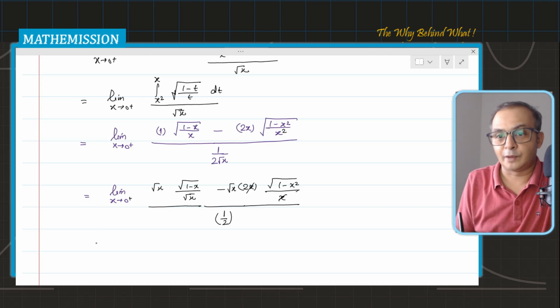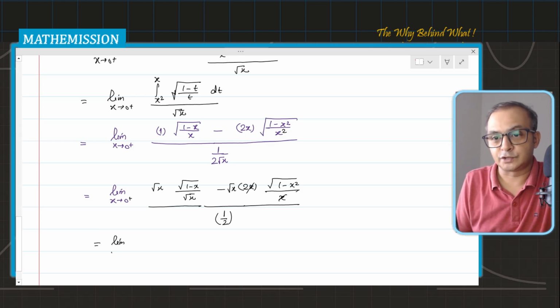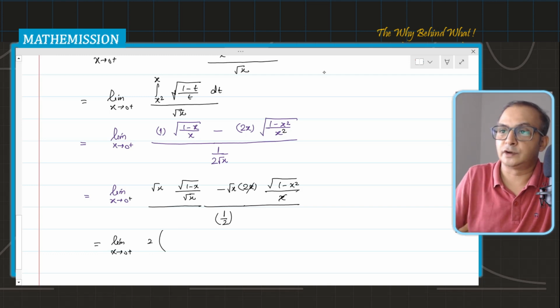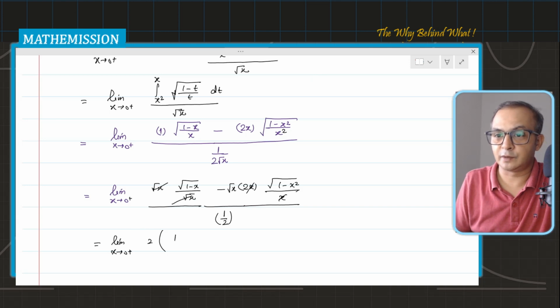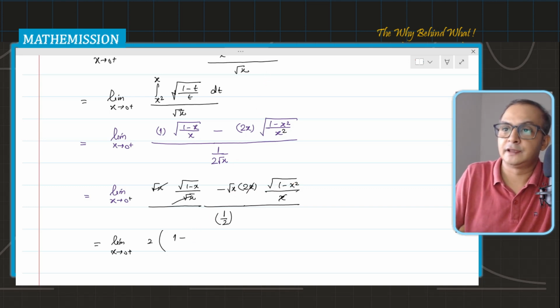So now I'm left with limit x tends to 0 plus, this 2 will go there. This is already cancelled, and we can now substitute 0 safely, so that will become 1. And since this is already cancelled, I have 2 root x into this. So when x equals 0 there, that will remain 1, but this root x will make everything 0.